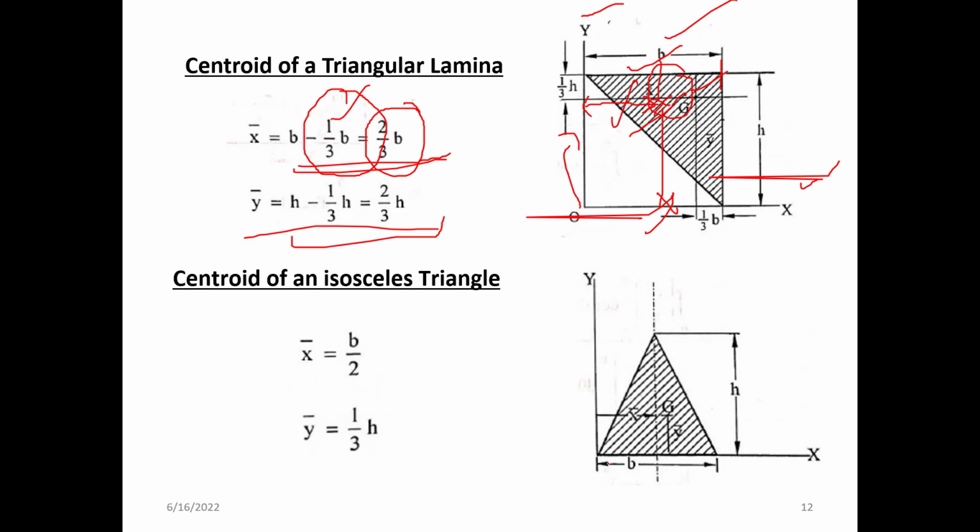For an isosceles triangle there is an axis of symmetry, which is this. This is the axis of symmetry, right?